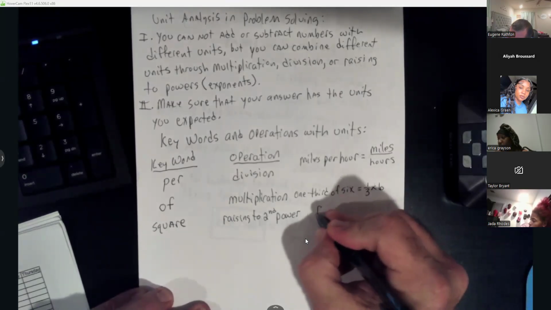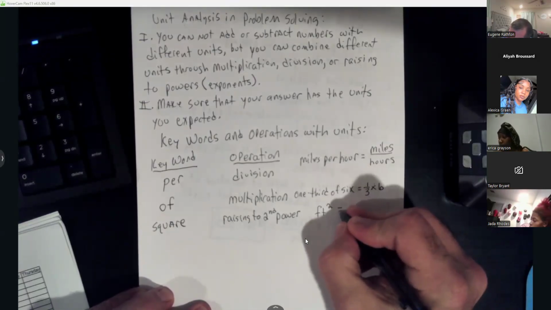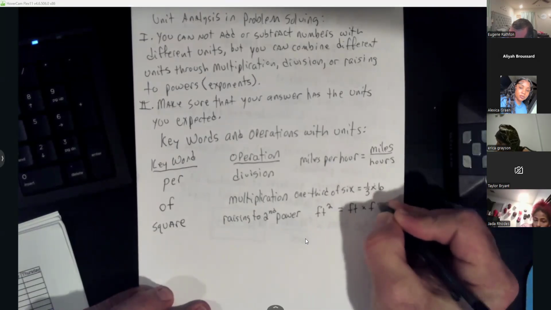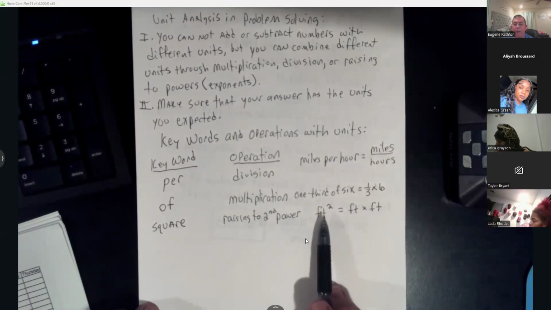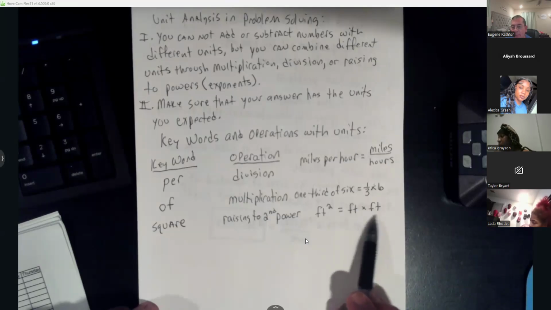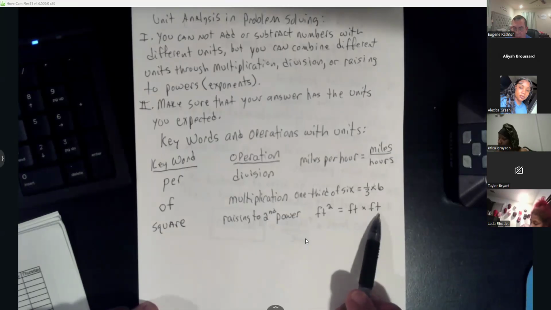So feet squared is like feet times feet. The exponents tell us how many times you multiply the feet times each other.